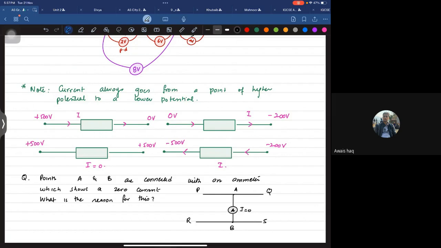Now, if it shows there is 0 current, there is a wrong answer and a right answer that people generally write, and it is rampant throughout the examiner reports. A wrong answer would be if you say that the ammeter has infinite or large resistance.